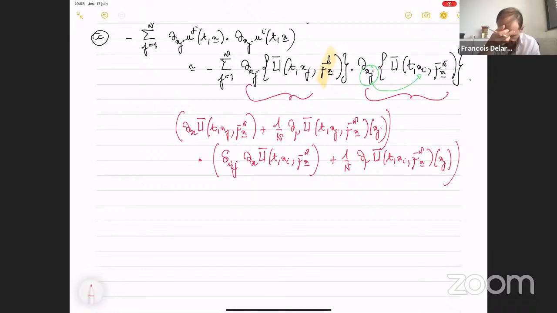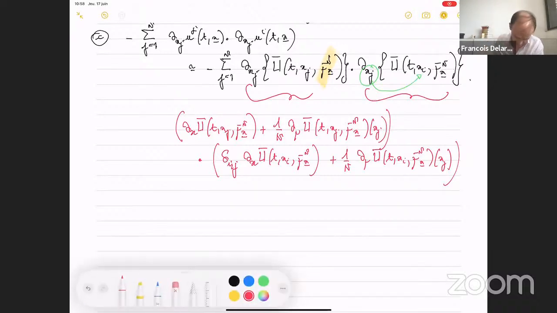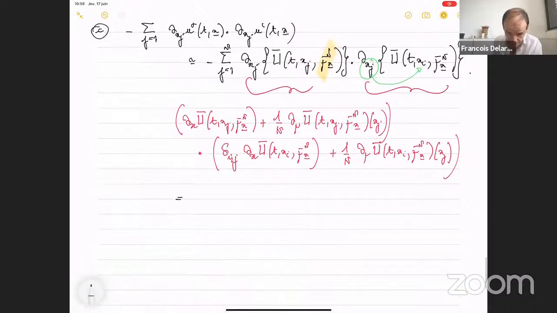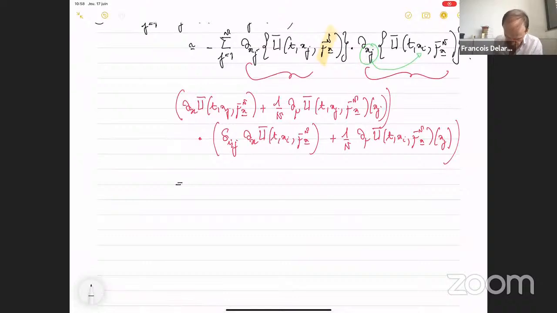Okay, so now let me expand this. So the term now is equal to minus the sum from 1 to capital N. So what do I have?